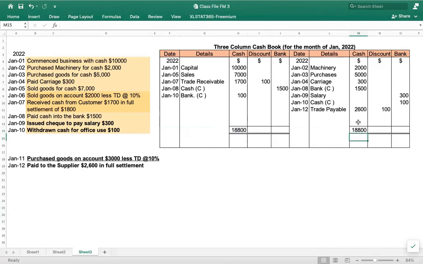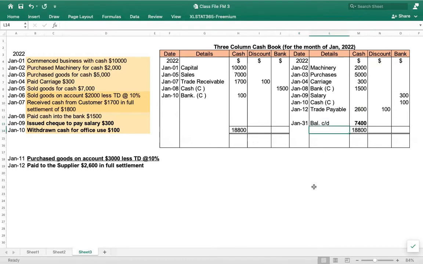And this is the empty space now to write the balance. So from this total I will subtract all these figures. So I got the balance how much? 7,400, right? And what is the last date of the month? Jan 31st. And I will write here balance carried down.